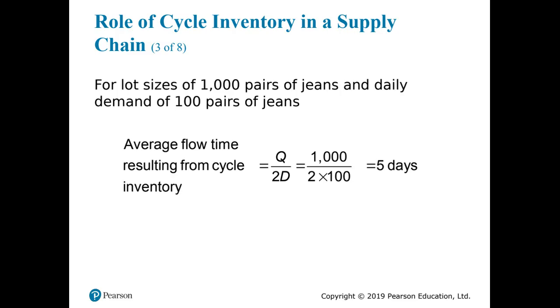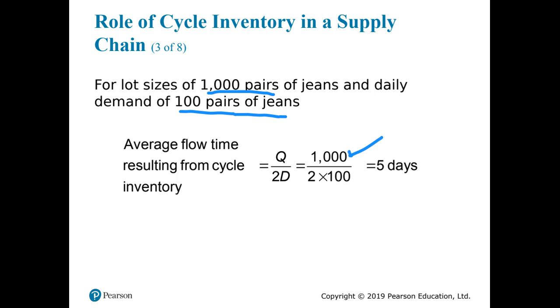For a lot size of, say, 1,000 pairs of jeans and daily demand of 100 pairs of jeans, the average flow time resulting from this cycle inventory would be Q divided by 2D. Q is 1,000 units, and D is given as 100 units.